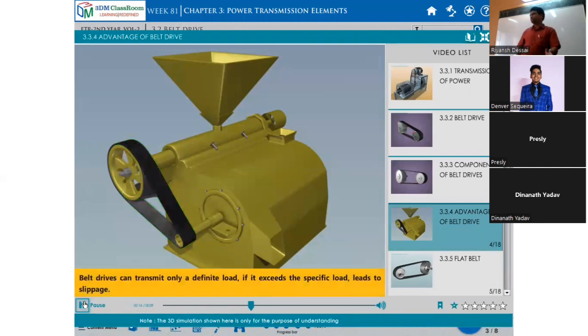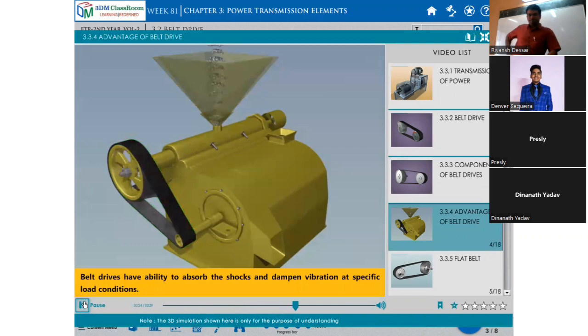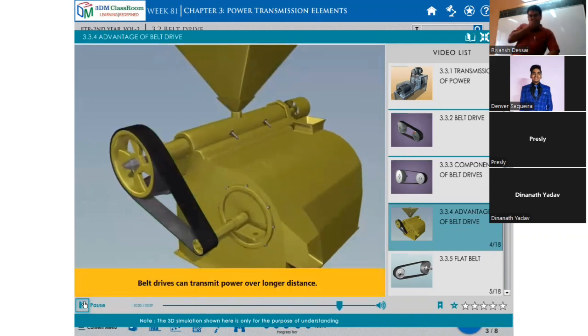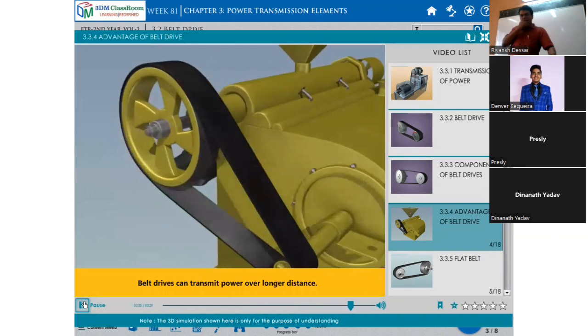Belt drives can transmit only a definite load. If it exceeds a specific load, it leads to slippage. Belt drives have the ability to absorb shock and dampen vibration at specific load conditions. Belt drives can transmit power over longer distances.